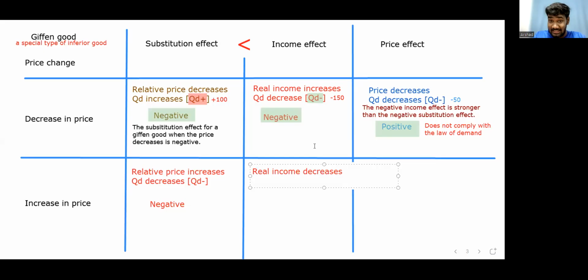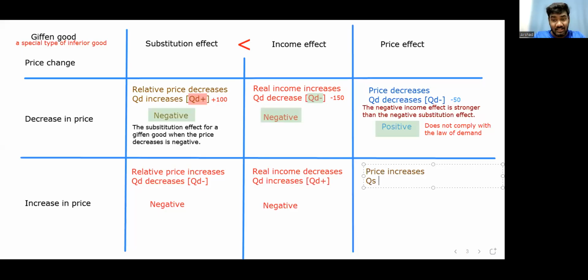Given that your real income decreases, remember the given good is also a type of inferior good, so your quantity demanded increases. So QD is a plus. Overall, what type of relationship? Again, a negative relation.